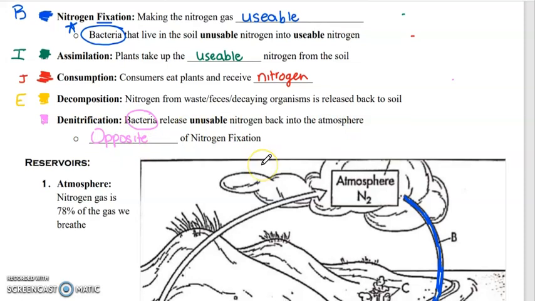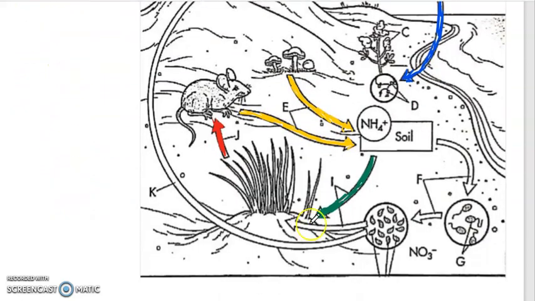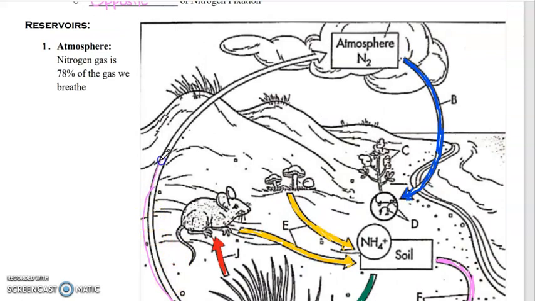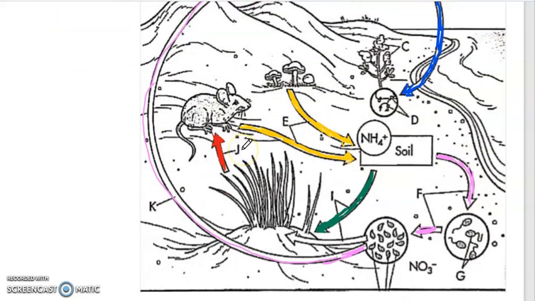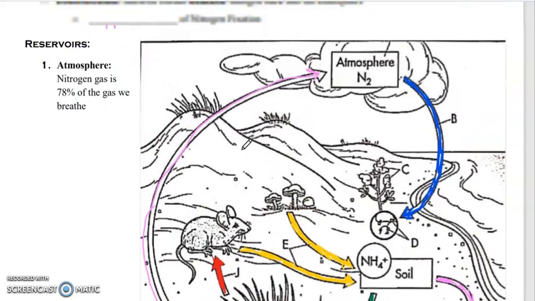Let's see what that would look like with our arrows. Now that this nitrogen has gone back into the soil, we have bacteria added again. This is representing our bacteria, and it's going to be this whole arrow K, going to recreate that unusable form of nitrogen and put it back into the atmosphere. So I guess that would be F and K.